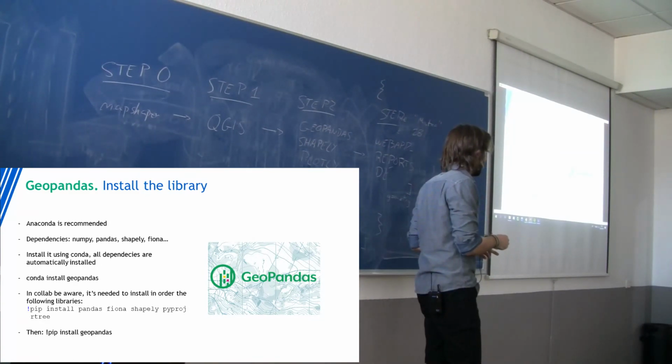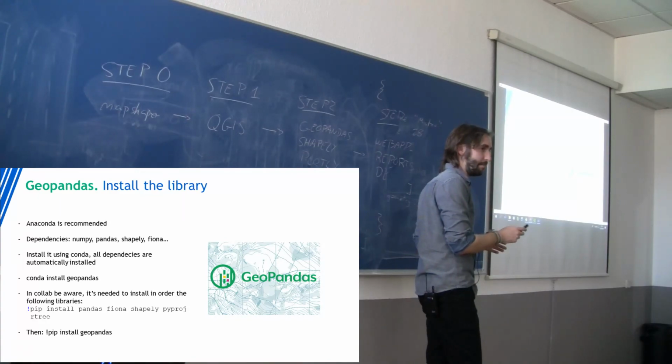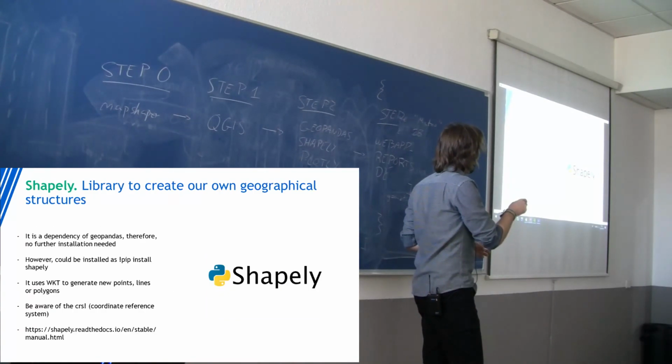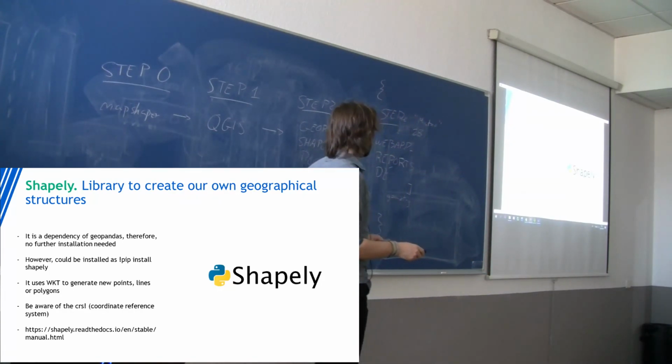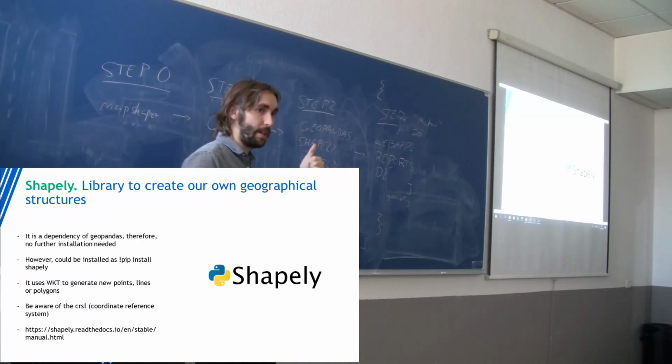Well, this is the way we can install it, because it's a bit tricky. If you don't install it in this order, installing this first and then this later, it doesn't work. I don't know why. Then another library that we are going to use is Shapely, and this is for creating geographical entities, points, polygons, and lines.